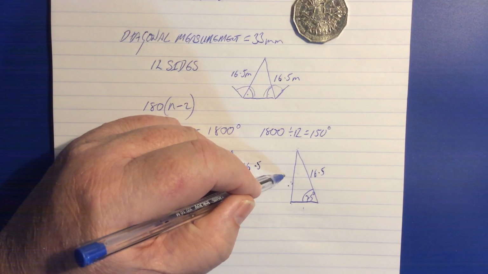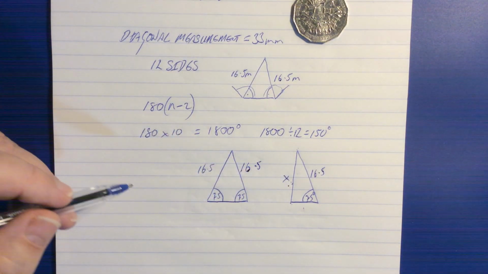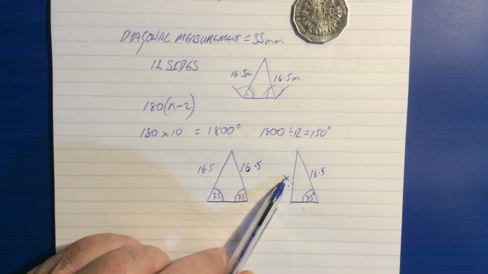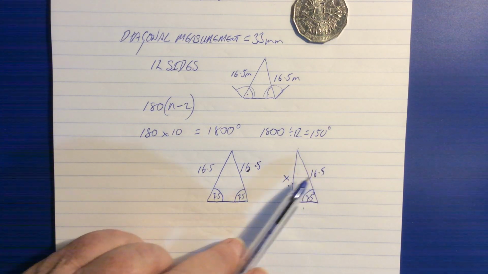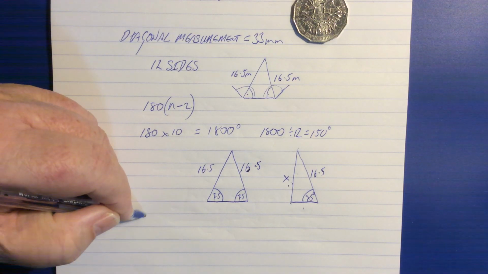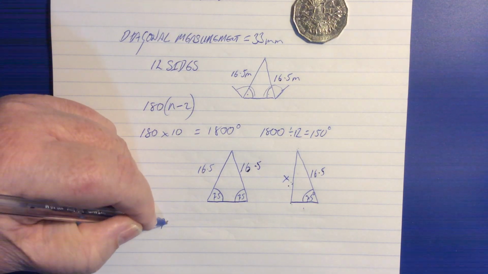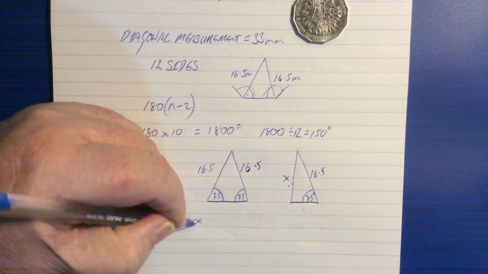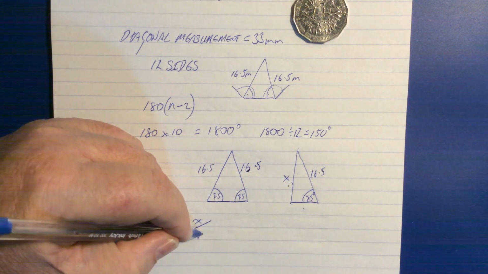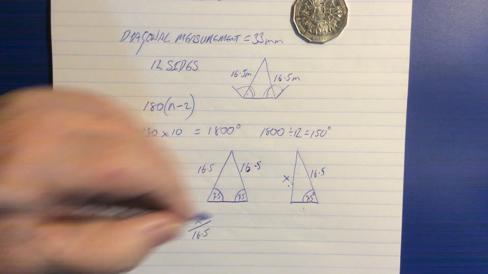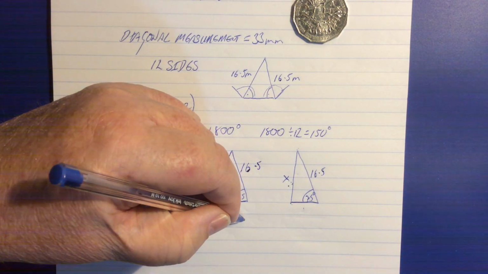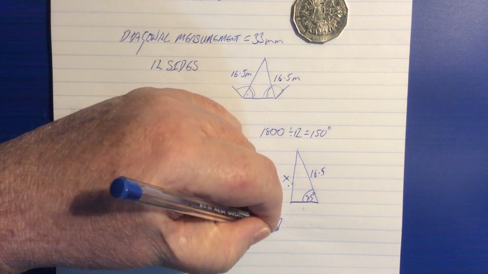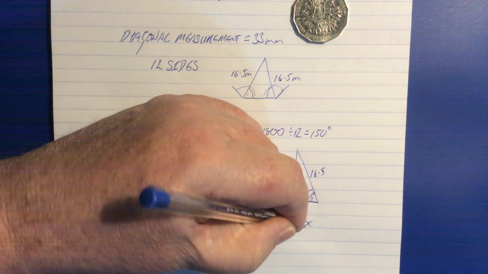What we're looking for is that. And so what have we got? Well, we've got an angle here, we've got an opposite and a hypotenuse. Opposite and hypotenuse is a sine. So the sine of 75 degrees is equal to the opposite, x, over 16.5. Now, we rearrange that so that 16.5 times the sine of 75 degrees is equal to x.